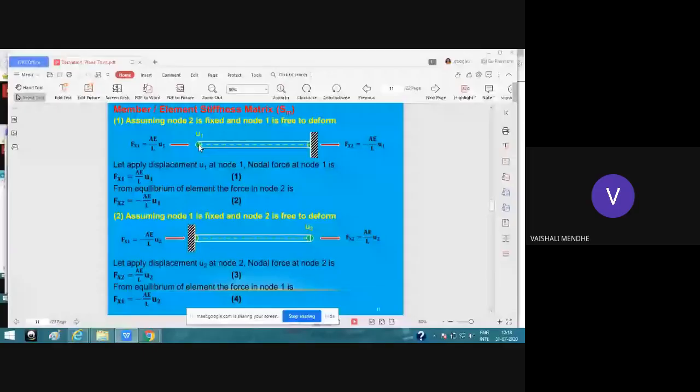Okay, so let us apply displacement u1 at node 1. The nodal force at node 1, Fx1, is equal to AE by L into U1.